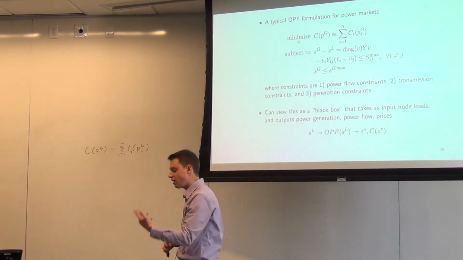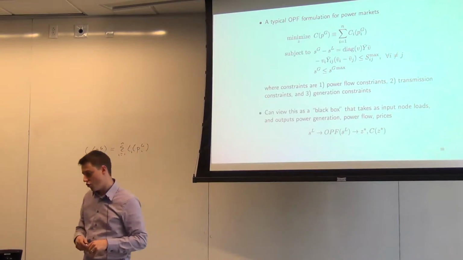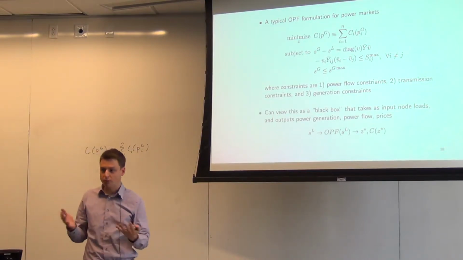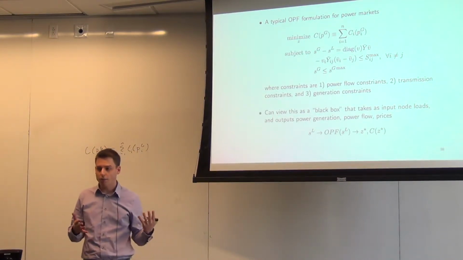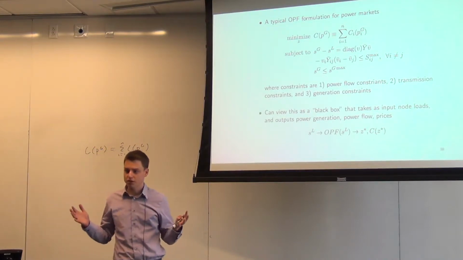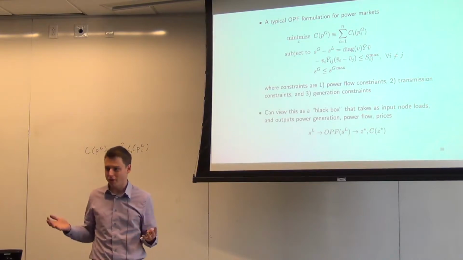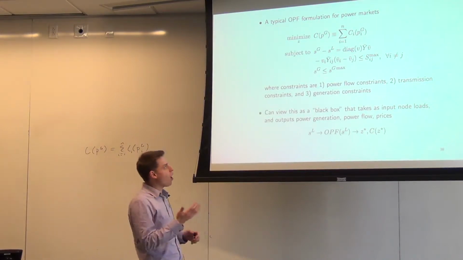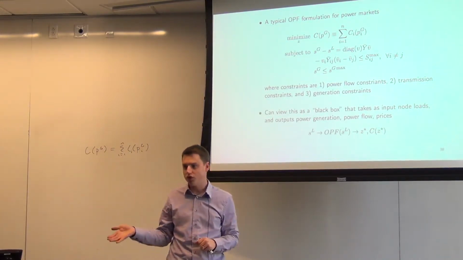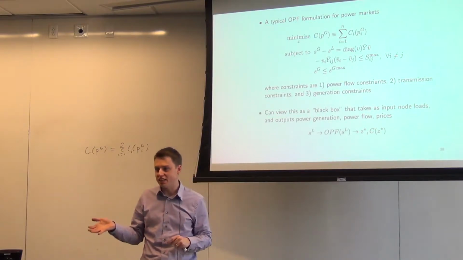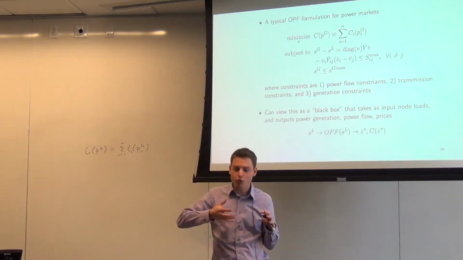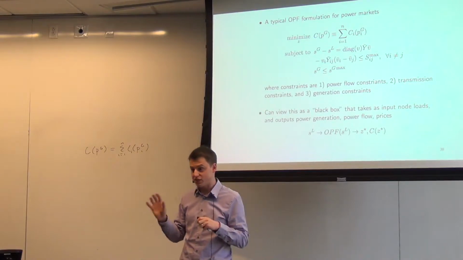So for example, take the voltages. Those do not play into the objective at all. But if you don't allow those to be variables, if you fix them, then there may not be any power flow solution, period. So really you are optimizing over things like the voltage as well. It's just that those are terms that don't factor into the optimization objective itself.